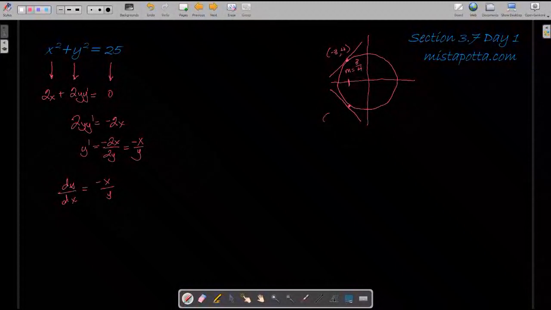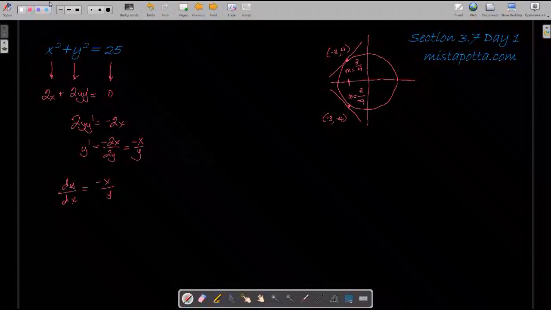And at this place where I have negative 3, negative 4, I would have my opposite of x over my y-coordinate. And so you see that for the second quadrant point, I should have a positive slope, and I do get a positive derivative. And for the third quadrant point, I should have a negative slope, and I do get a negative derivative.